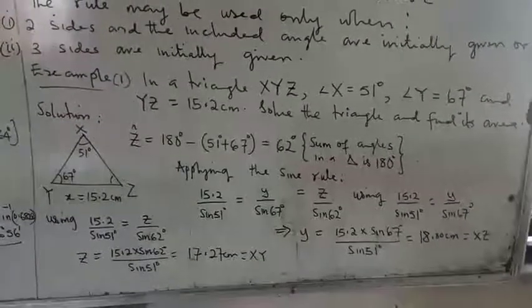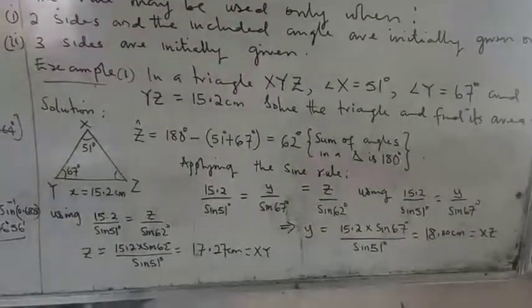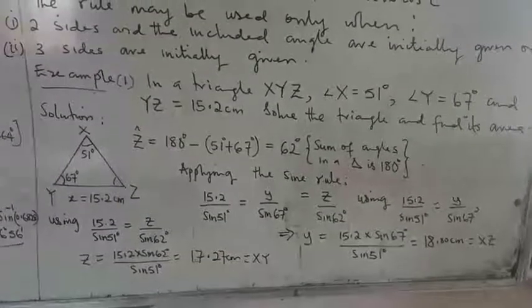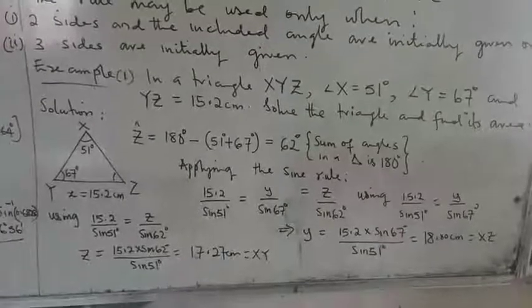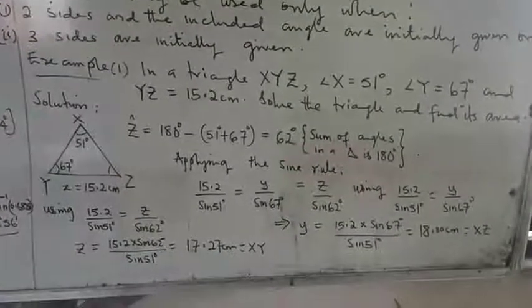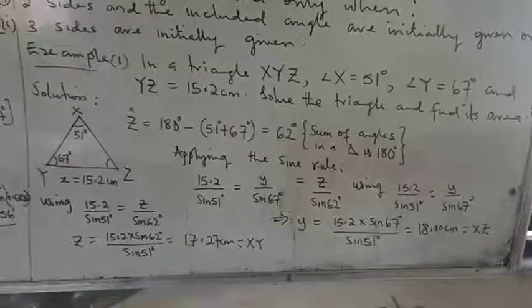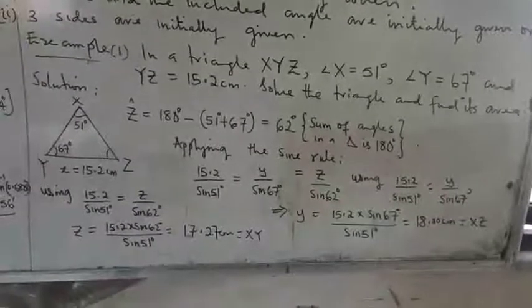Angle Z is not known, but we can get that since we know the two angles X and Y. Angle Z is 180 minus (51 plus 67), since the angles of a triangle sum to 180 degrees.